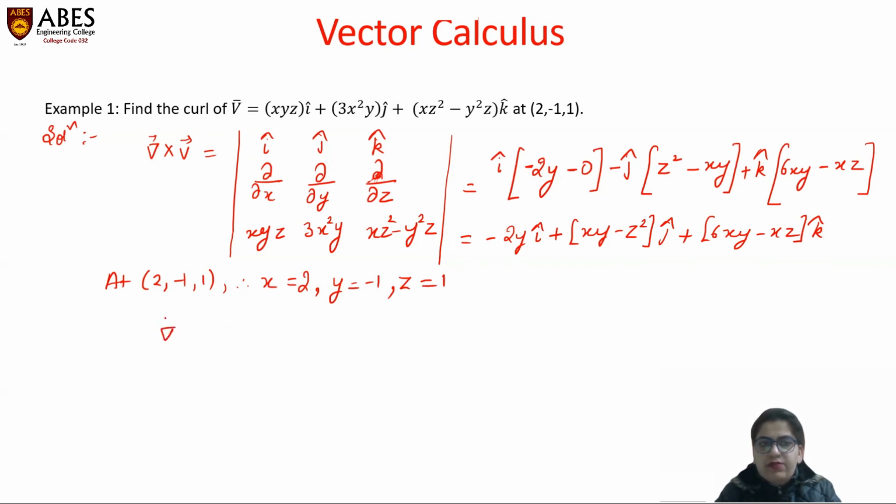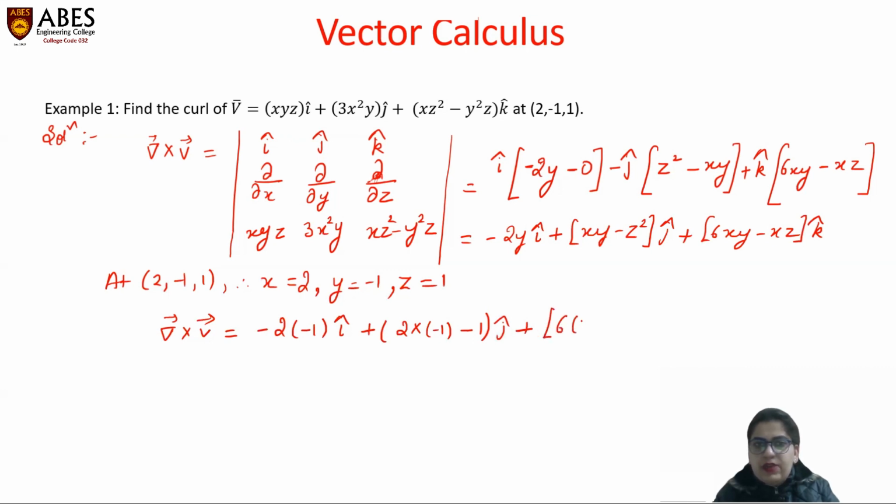So our function for del cross v will be equal to -2 into -1 i cap plus 2 into -1 minus 1 square j cap plus 6 into 2 into -1 minus 2 into 1 k cap.